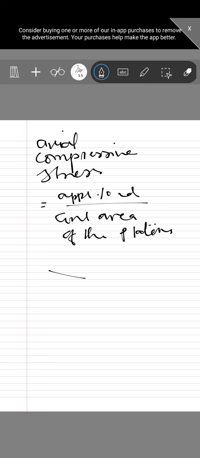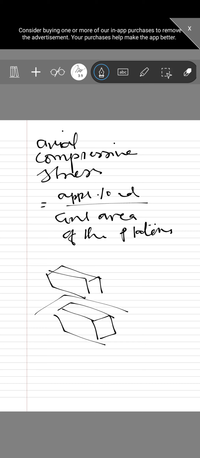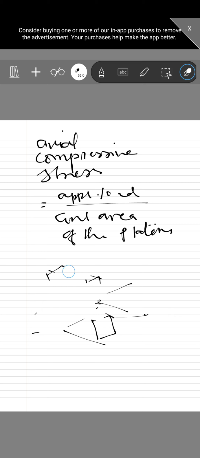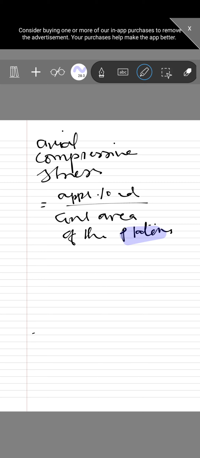So that means these platens, which are used to deform the shape. So it's the contact area of the platens.